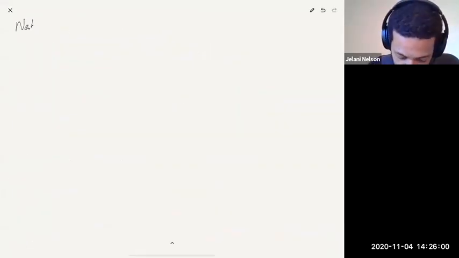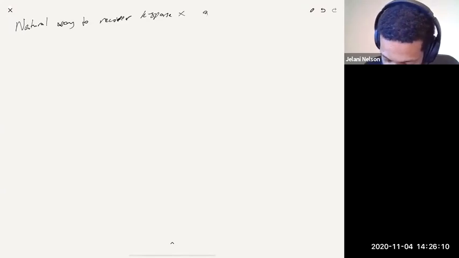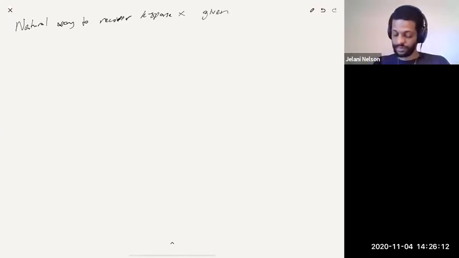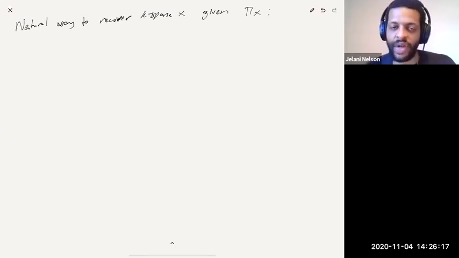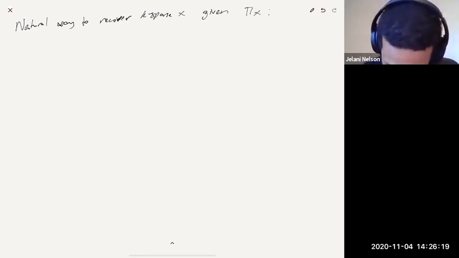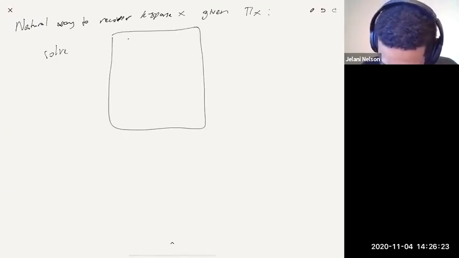So a natural way to recover a k-sparse x given pi x is as follows. Solve the following optimization problem.